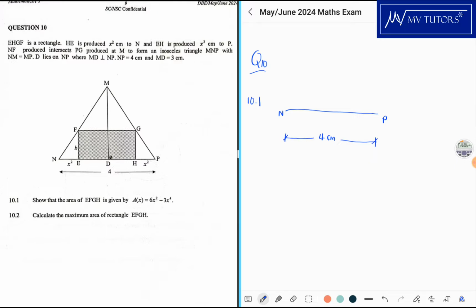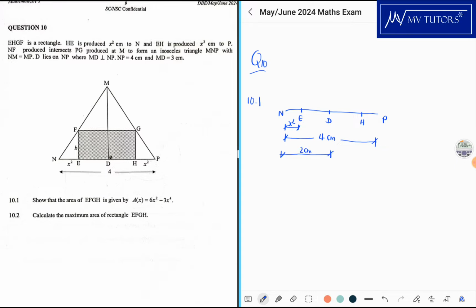Then halfway there we have D, and then we have EH. I'm also told that EN or HP is actually x squared. So if I need ED, I know that ND is actually 2 centimeters.